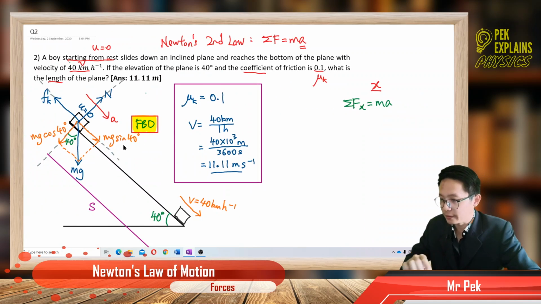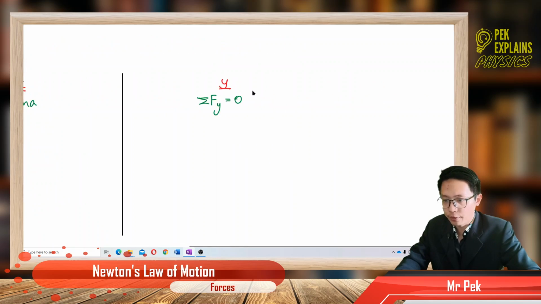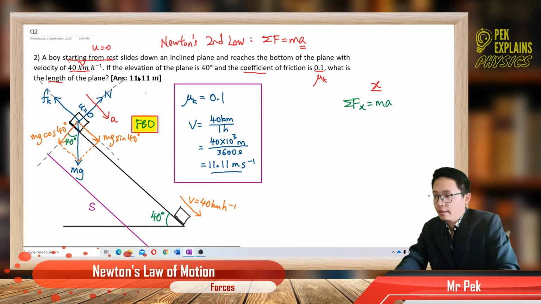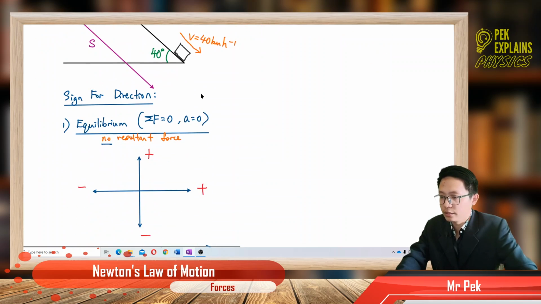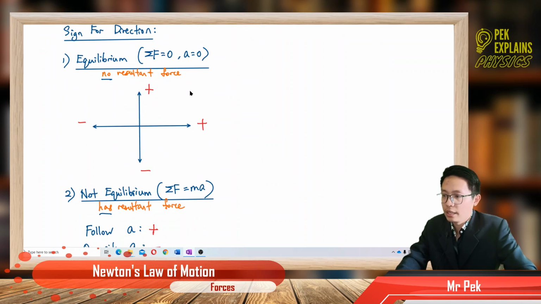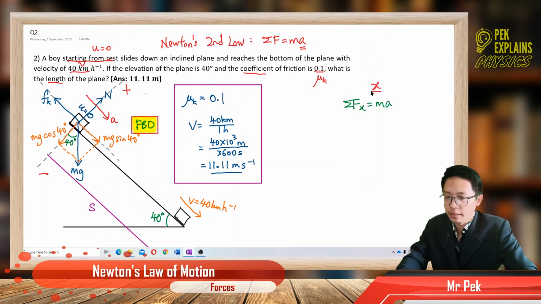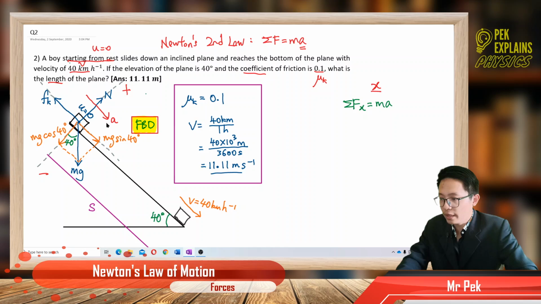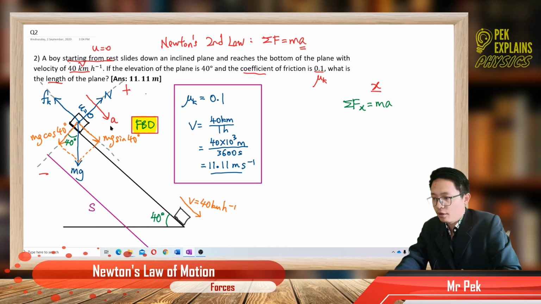Now you need to put the sign. For the y component, there is no acceleration, so we just put going up as positive and going down as negative. But for the x component, it has acceleration, so following the acceleration is positive.